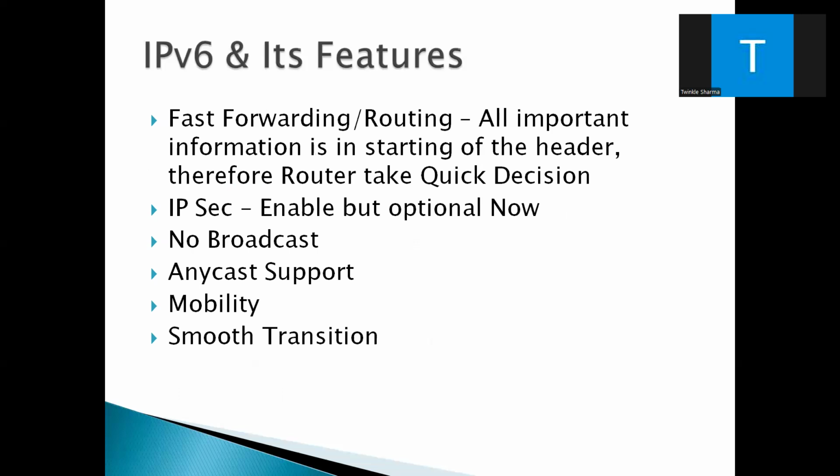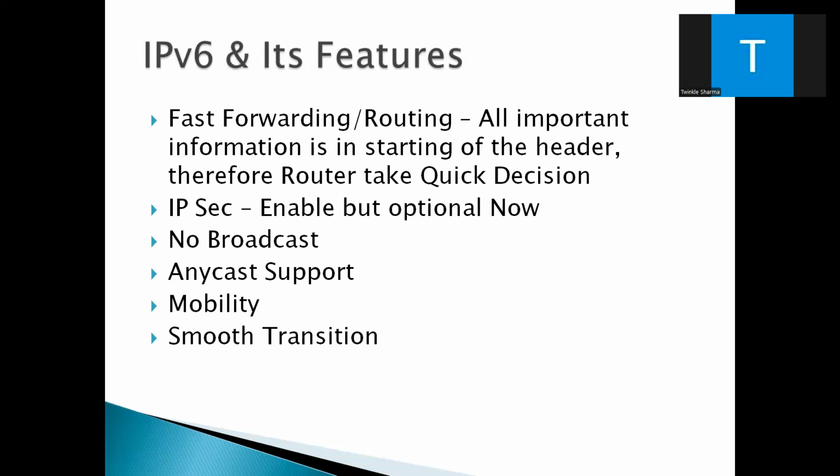All important information is at the start of the header, therefore routers take quick decisions. IP security is enabled but optional now. No broadcast, anycast support, mobility, smooth transition, meaning dual stack, header translation or tunneling.